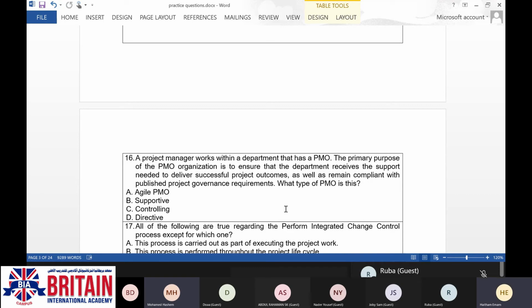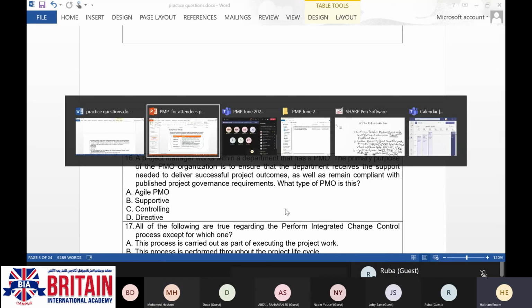Okay, let me explain the difference between the supportive, controlling and directive. We have mainly three kinds of PMO according to the PMBOK 6th edition: supportive, controlling, and directive. The directive is the one which has the highest authority and the highest control over the projects.